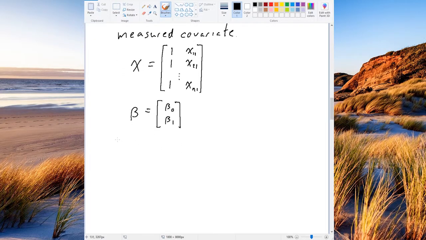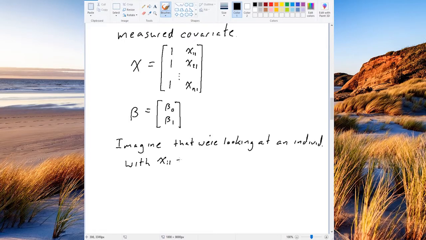Now, imagine that we're looking at an individual with xi1 equal 0. So I'm going to zero out that measured covariate.